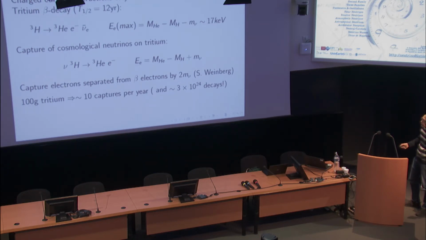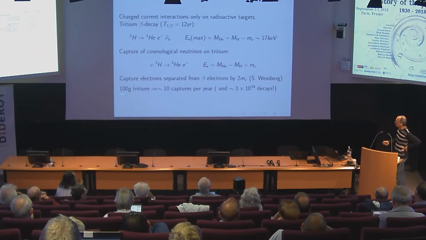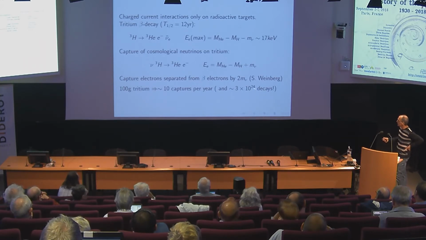So if you had a 100-gram tritium target, you could have 10 captures per year, and 3 times 10 to the 24th tritium decays. And that's, of course, the problem. You have a very modest target, by SNO standards or Kamioka standards, 100 grams, but you have a large number of decays for 10 captures per year.